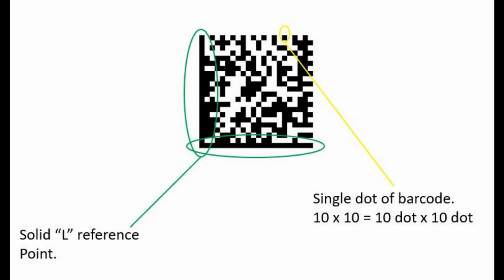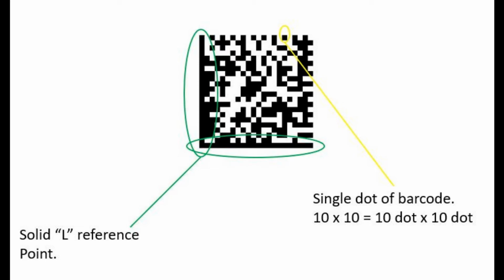So if you just wanted 6 digits, 6 numbers, it is a 10 dot by 10 dot size barcode. That size of barcode can still be scannable and readable at 4 millimeters square in size, or it can be expanded to slightly larger because then it makes it easier to read.